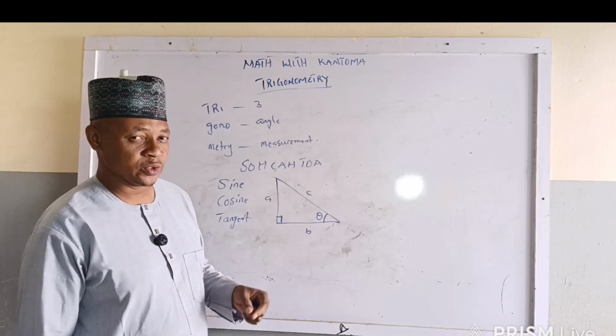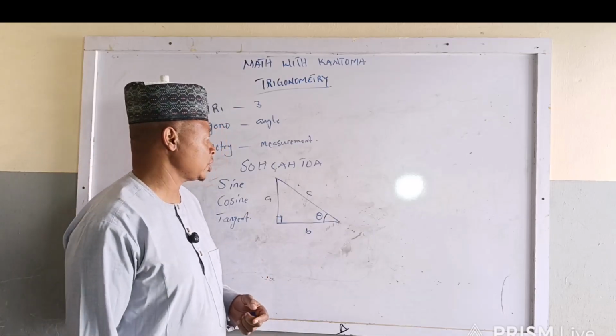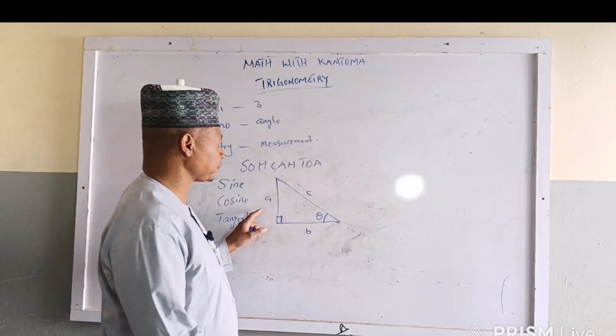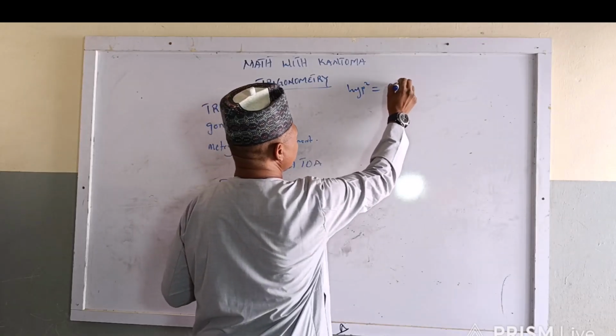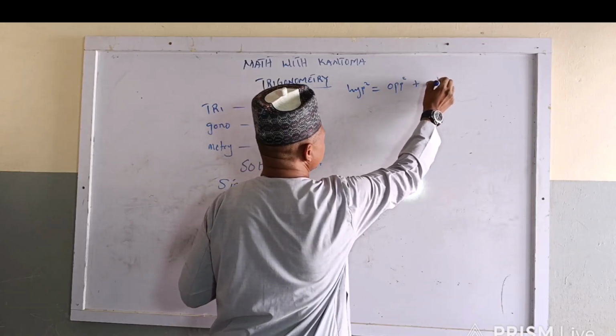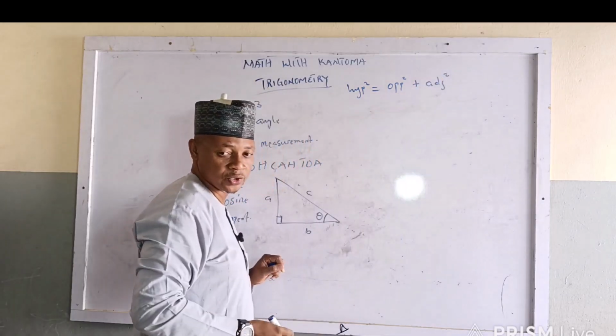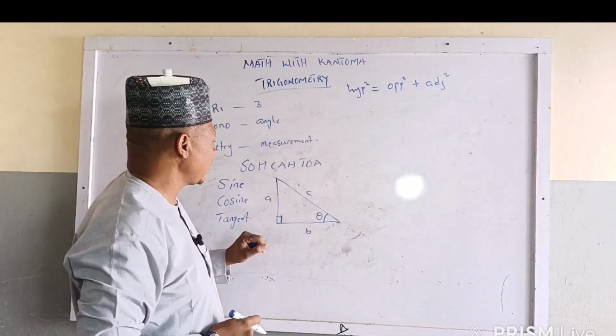Now, using Pythagoras' theorem, the hypotenuse squared is equal to opposite squared plus adjacent squared, right?